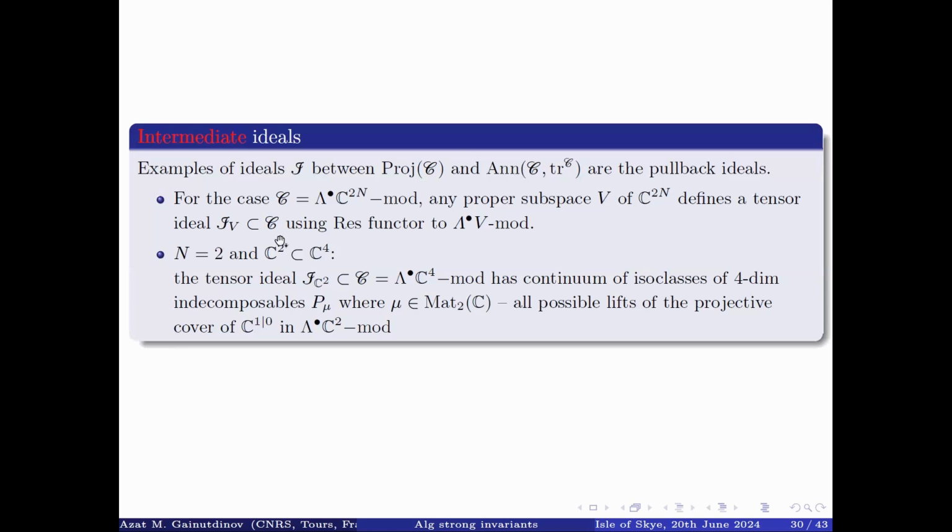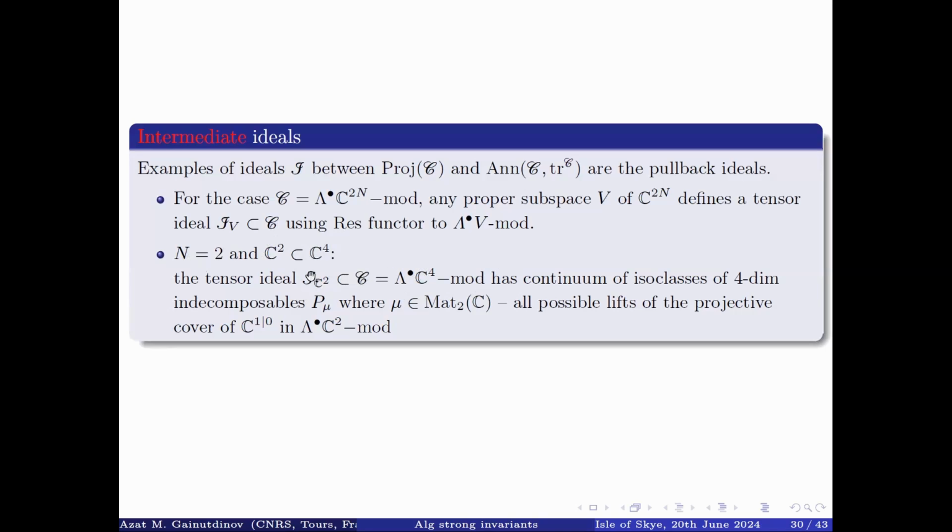And for my topological examples, I will use the case n equals 2. In a 4-dimensional vector space, I will consider a 2-dimensional subspace. And the corresponding tensor ideal of this 2-dimensional subspace, if you want, again, is modules of the exterior algebra of the 4-dimensional vector space such that under restriction they are projective over the exterior algebra of the 2-dimensional subspace.